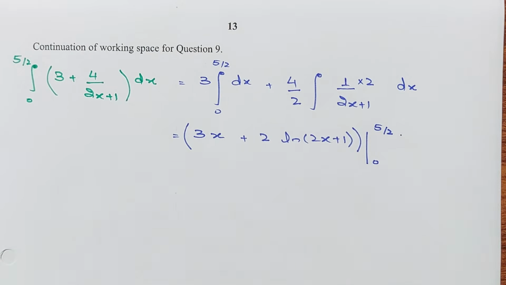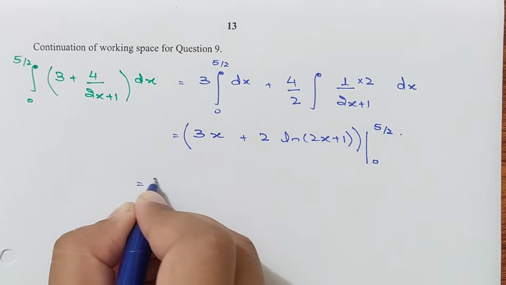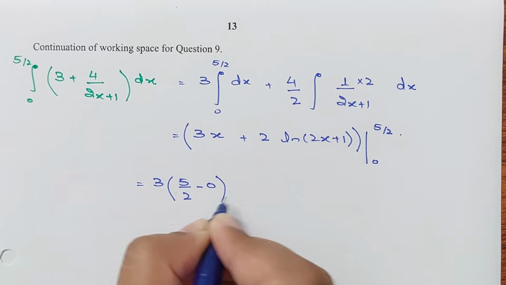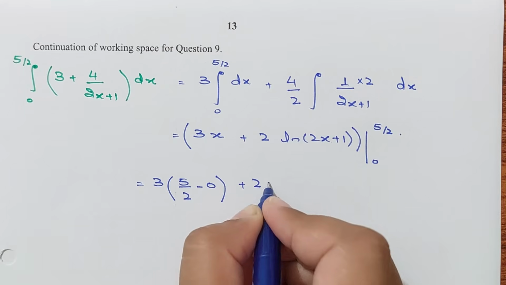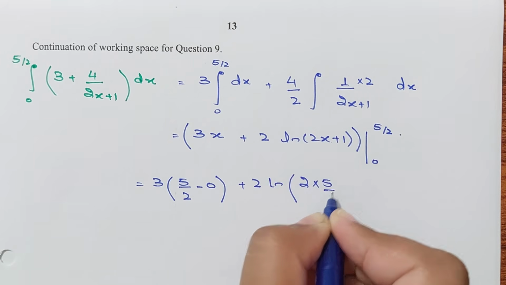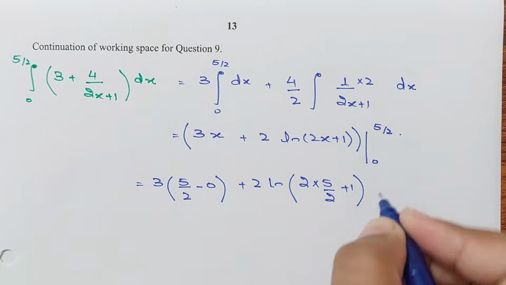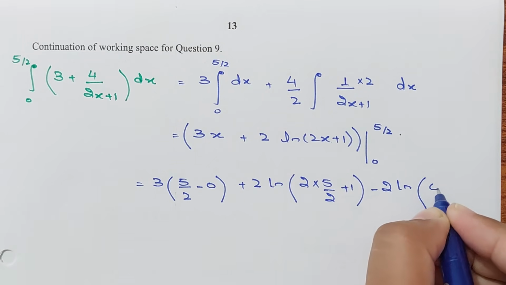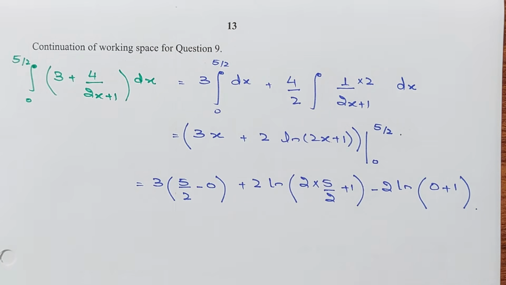Let me substitute the upper limit and the lower limit. So 3 times 5/2 minus 0, plus 2 times ln of (2 times 5/2 plus 1), the upper limit, minus 2 times ln of (0 plus 1), the lower limit.